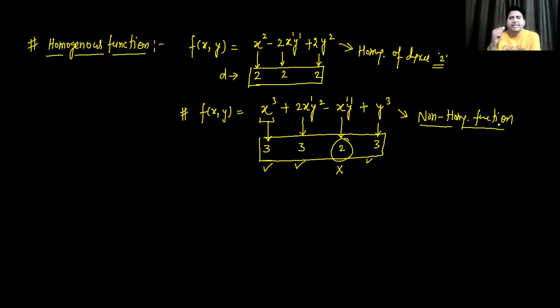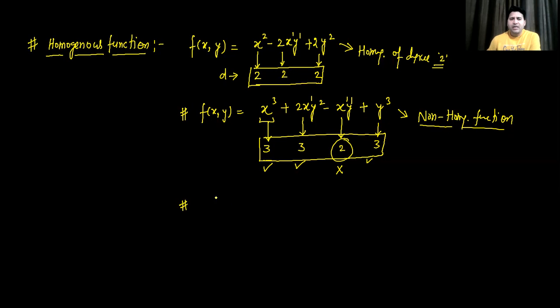So I hope you understand how we can identify whether a function is homogeneous or not. Another thing: the functions so far only had a numerator, meaning the denominator is 1.